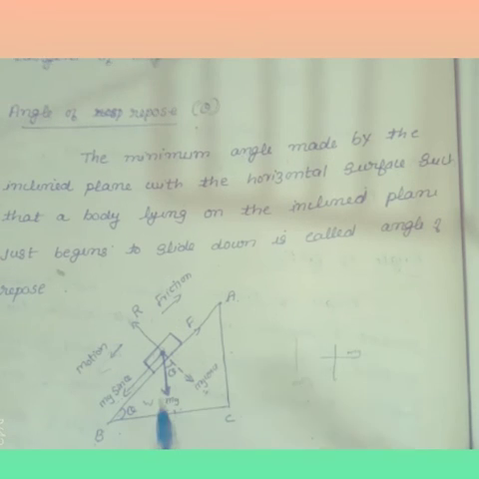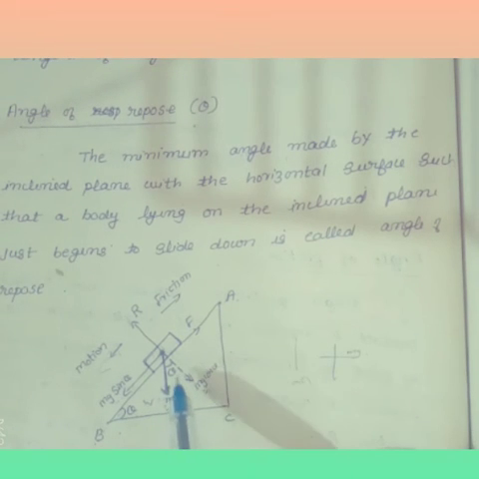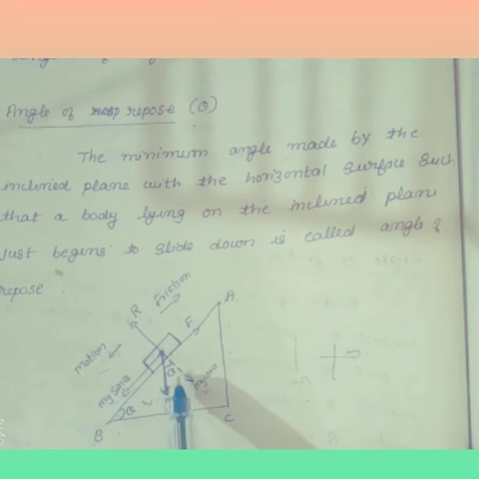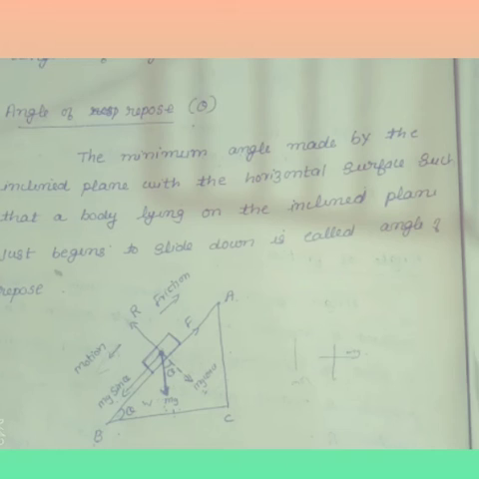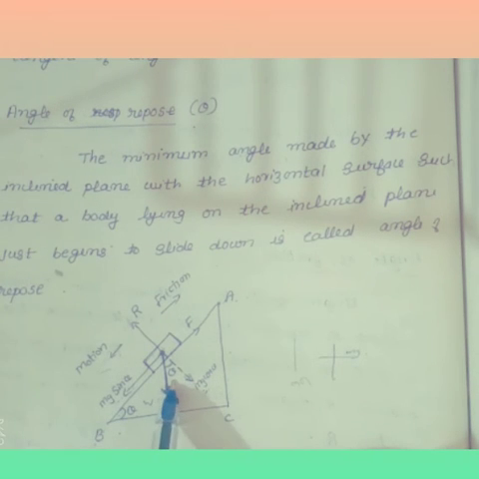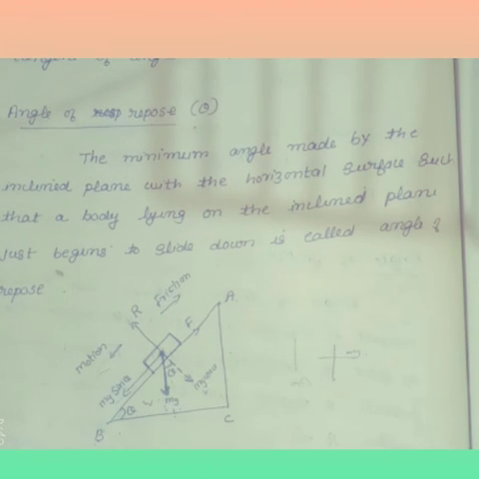Angle of repose means the minimum angle made by the inclined plane with the horizontal surface such that a body lying on the inclined plane just begins to slide down. Here, this angle theta, we call the angle of repose.